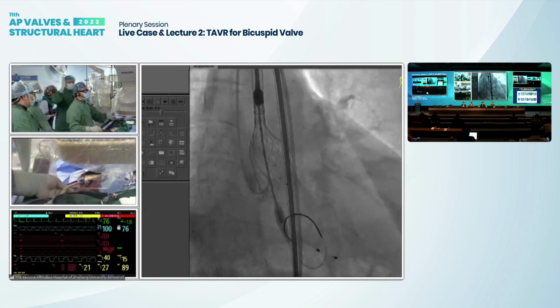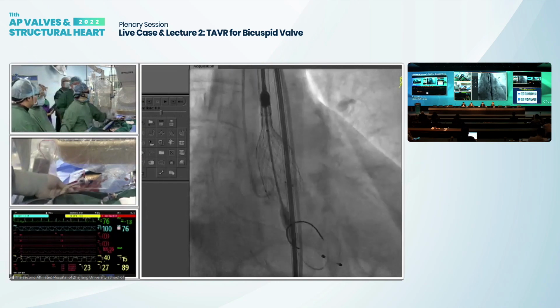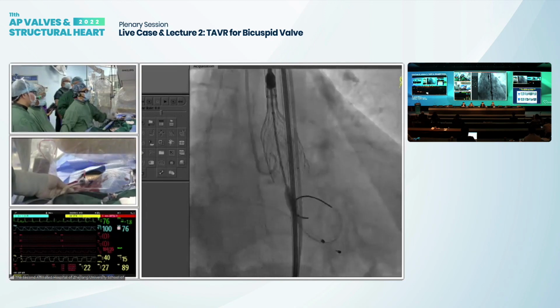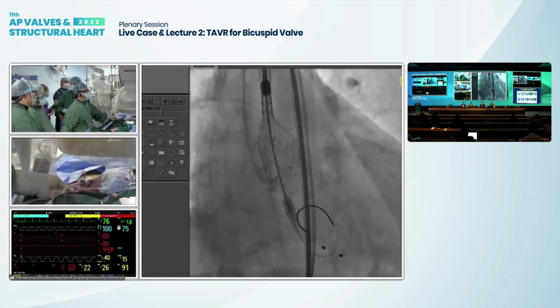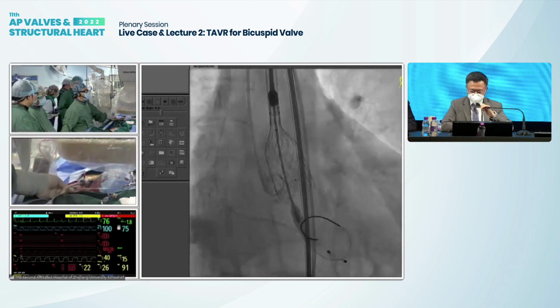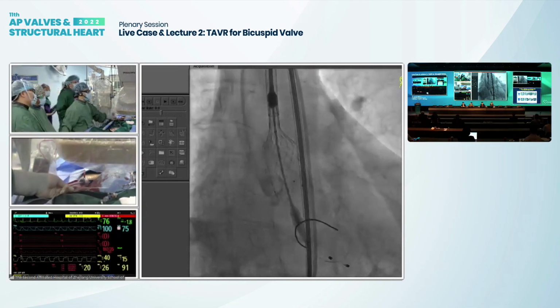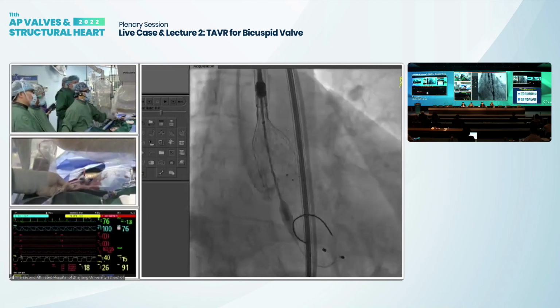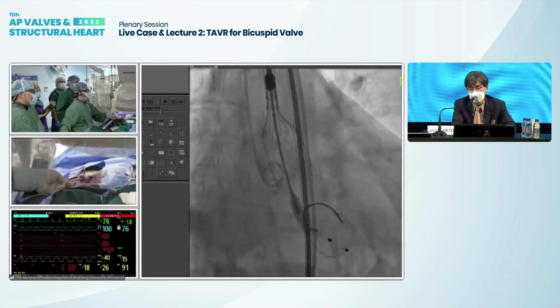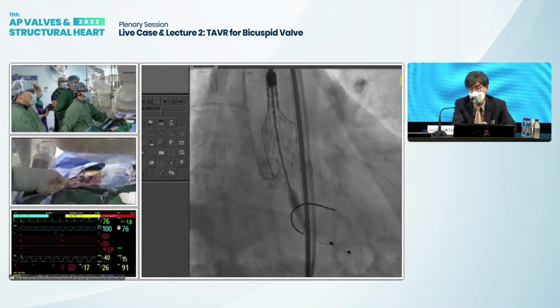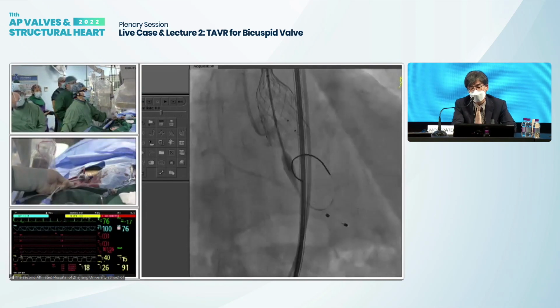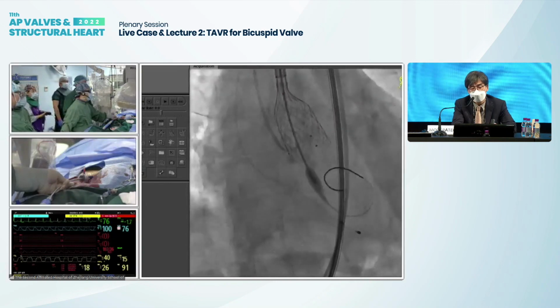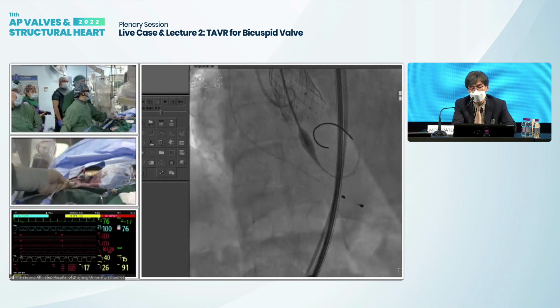What do you think? We can vote. How many support retrieving the device a little deeper, or how many agree to release it? Personally, I'd like to retrieve it and retry. The reason is, first of all, the current position is too high, and after deploying the valve, because of the severe calcium, we have to do additional balloon dilation.